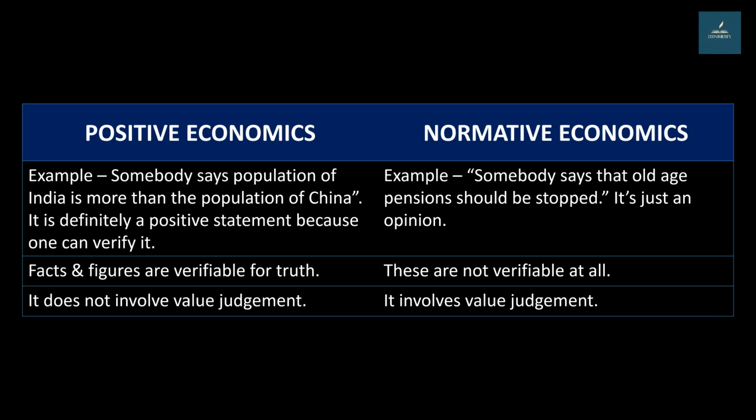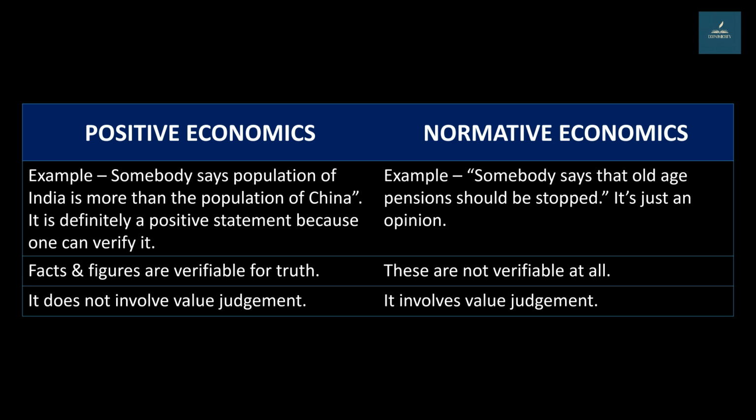For example, somebody says population of India is more than the population of China. It is definitely a positive statement because one can verify it. If somebody says that old age pensions should be stopped, it's just an opinion.